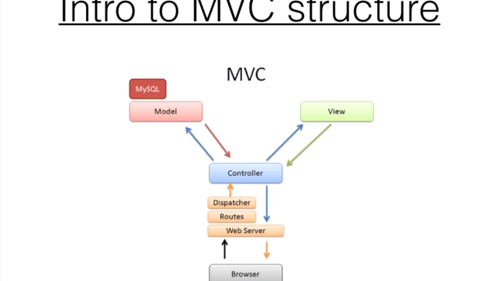The main role is just to receive the request and dispatch it to the model to execute the business logic. It gets the output, and then it sends the output to the view so that it gets compiled with the view layer and it can send the response back to the browser.